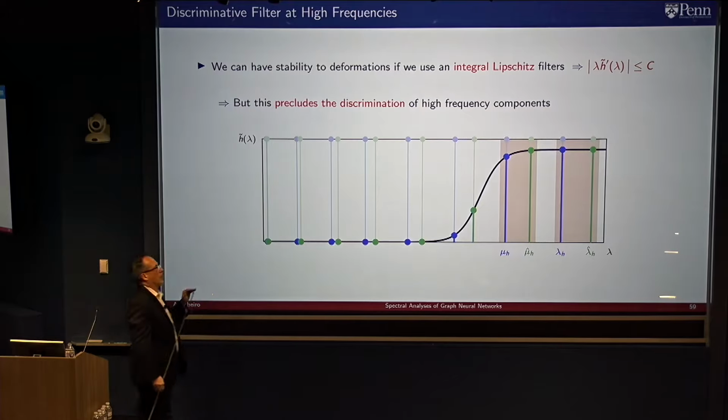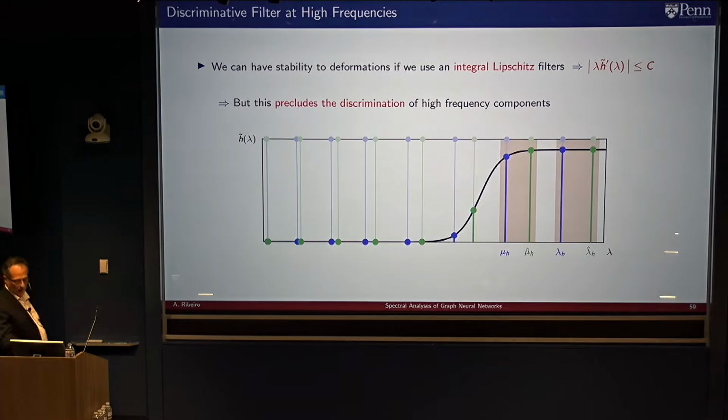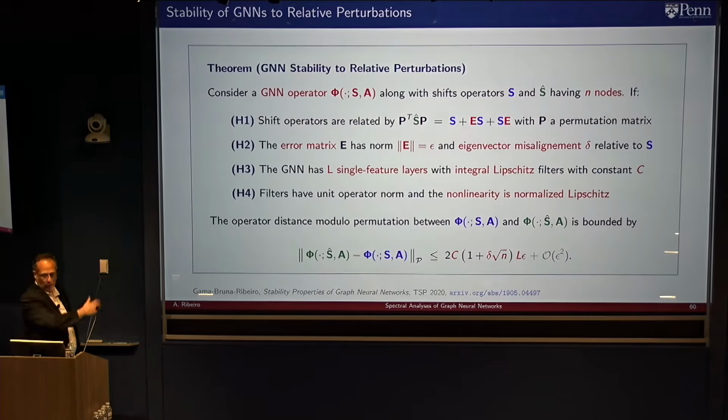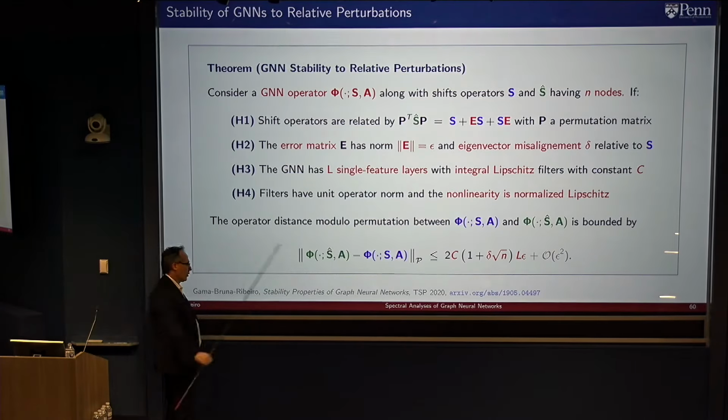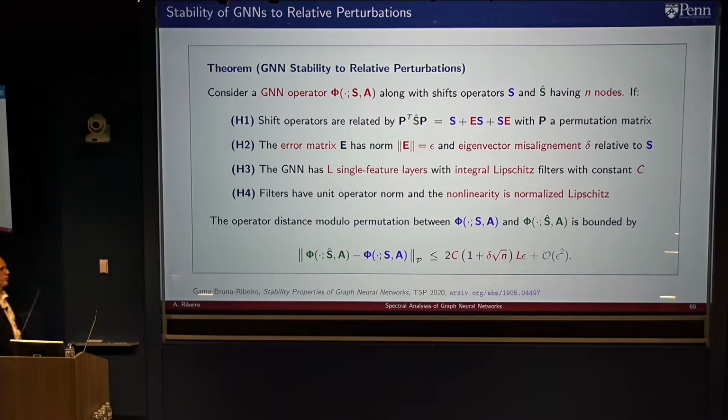That condition prevents the filter from changing at high frequencies. And look, I'm showing you pictures, but we do have theorems in our papers that we worked on with Joan, and we did this very early on in the project also. But anyway, so we can show stability here, and stability again gets controlled by the Lipschitz constant of the filters.